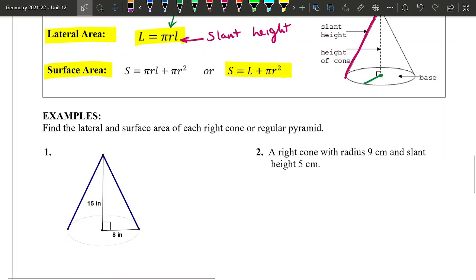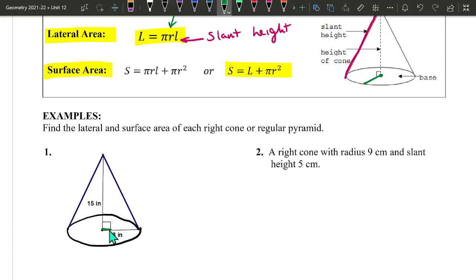All right, so looking at this example, I'm going to do number 1. Can't really see that, so I'm going to outline the circle. There we go. So I'm given the radius.